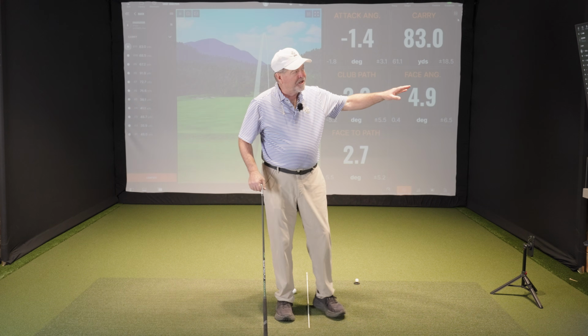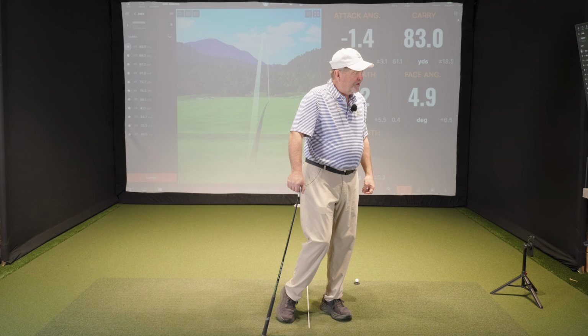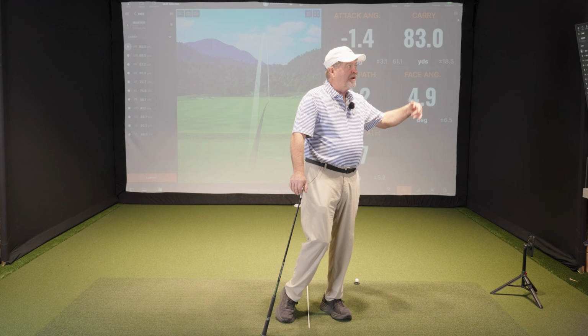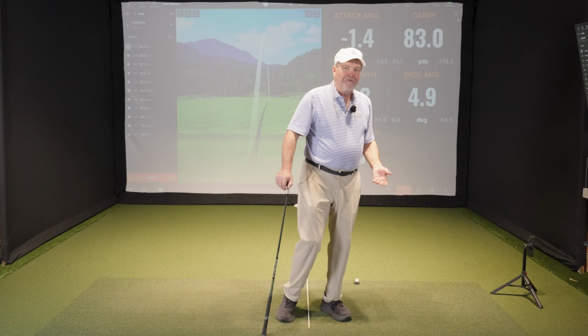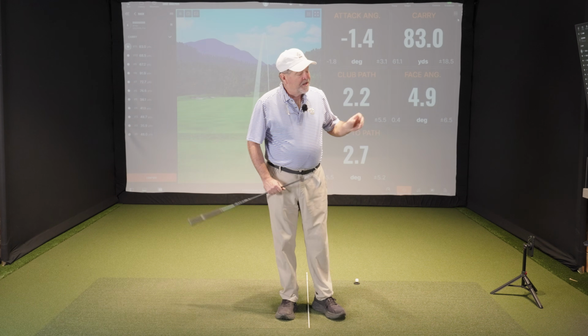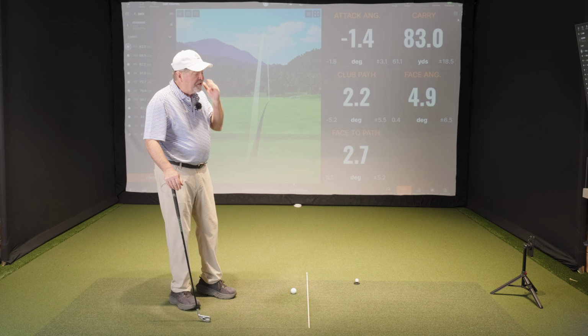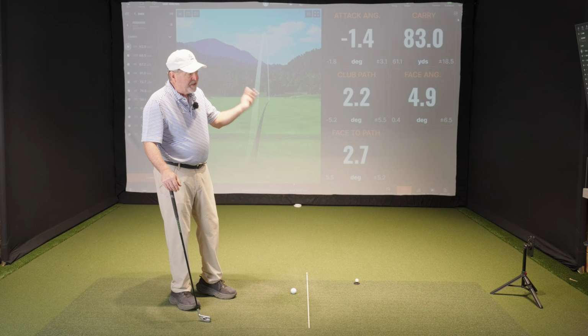Oftentimes that ends up getting a double negative to where if the face is minus and then another minus, we can really get big numbers on this face to path. And so I'll kind of show you a pretty good swing, and you can see the difference.